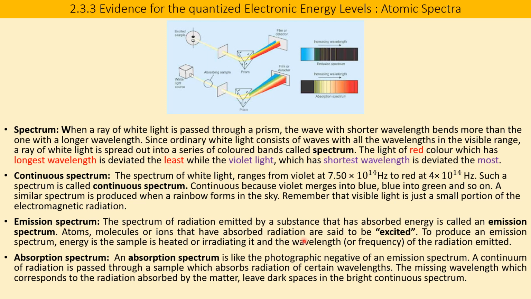The top one, you can call it A, is an atomic emission. The light emitted by a sample of excited hydrogen atoms, or as a matter of fact any other element, can be passed through a prism and separated into certain discrete wavelengths.